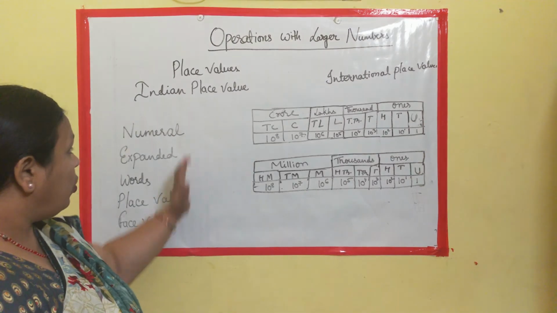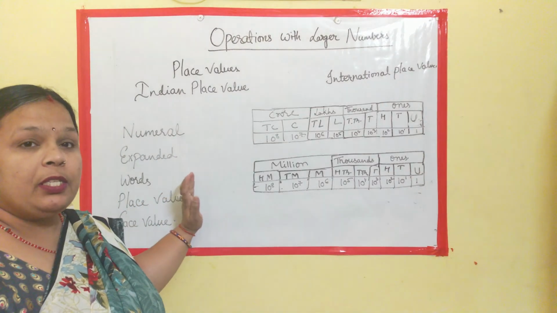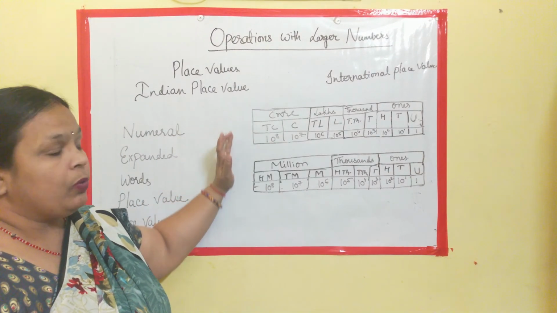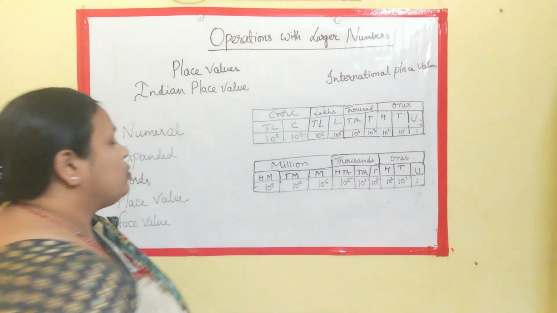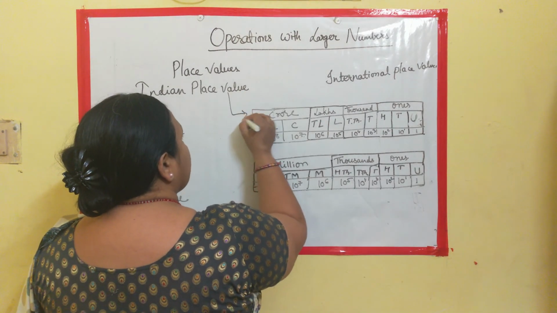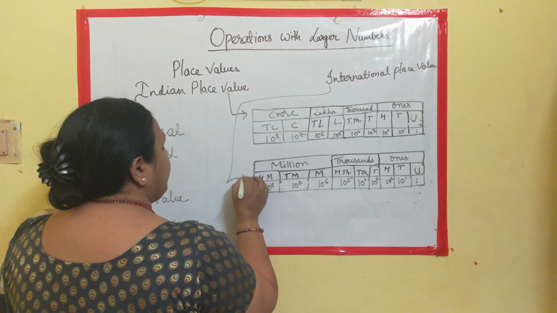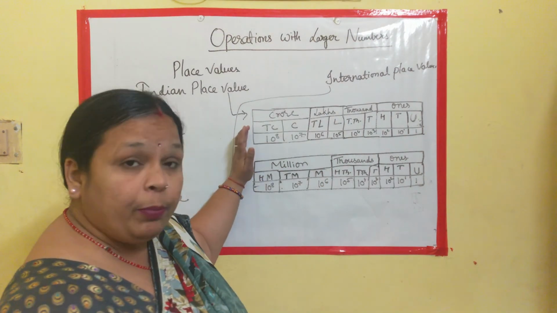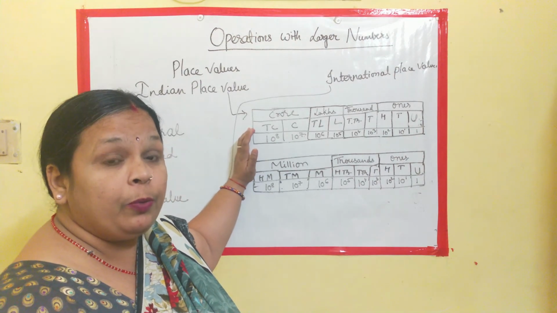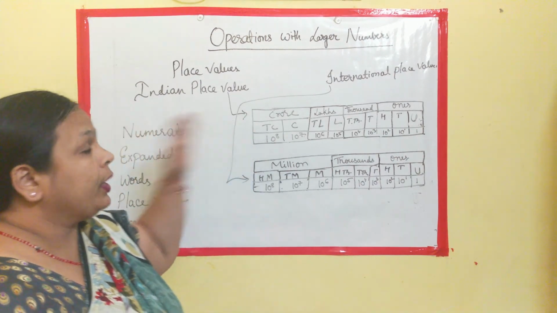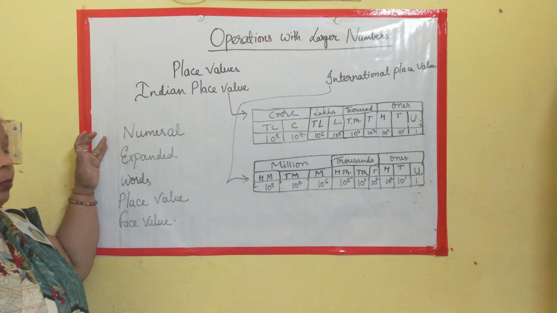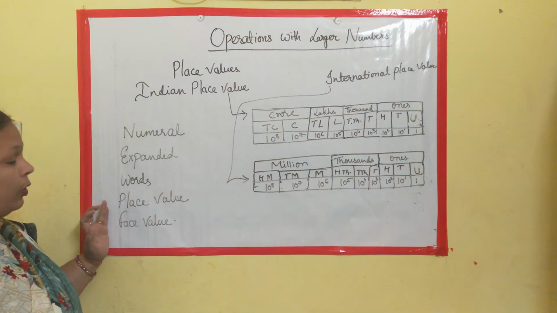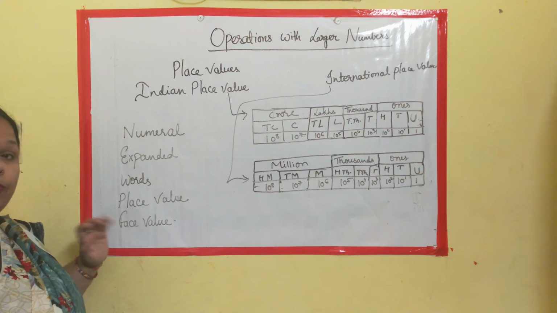To do all these things, what was the basic key? The key was to learn about Indian place value and international place value. So this is your Indian place value, whereas this is the international place value. If you are thorough with them, you will be able to quickly answer numbers in numeral form, expanded form, word form, or place values or face values.